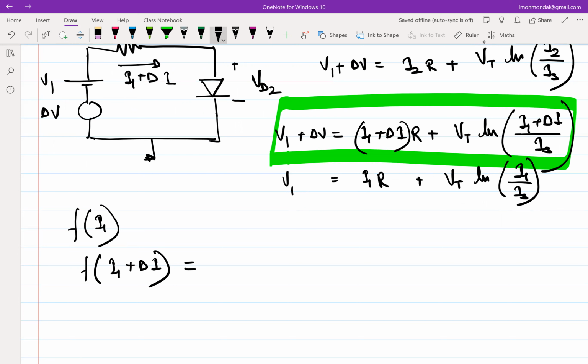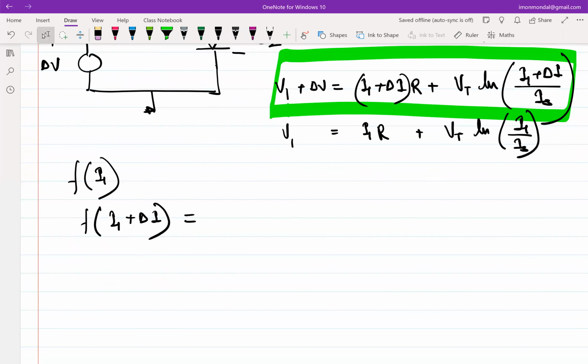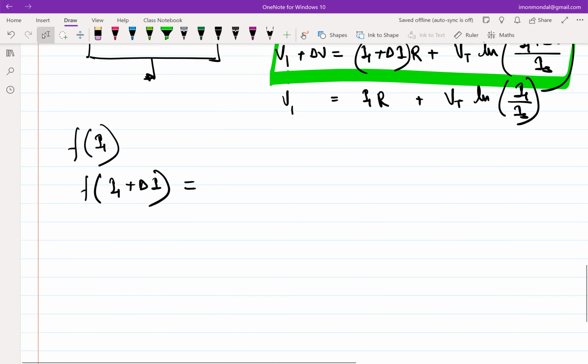It's similar to, if you know your position and you know your speed, you know where you will be at the next instant. And if you're accelerating, then you have to know the second derivative, and then you add them up, with some weighting factor. That essentially is your Taylor series. So if you want to find f of I1 plus delta I, you'll have to essentially do that. Now help me out with the Taylor series expansion of this.